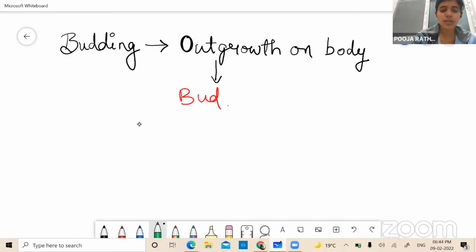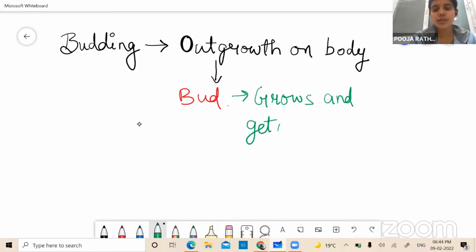Then this bud grows and grows, and it gets mature. After it gains maturity, it detaches from the parent body.